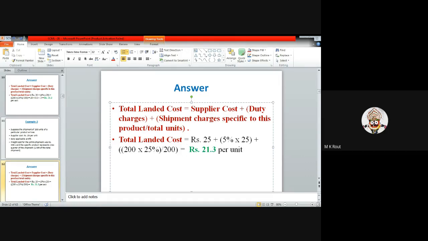Yes. Sir, 26.5. 26.5. That is your landed cost. Now it is clear to all. Yes, sir, clear. Okay. Moving to next part.